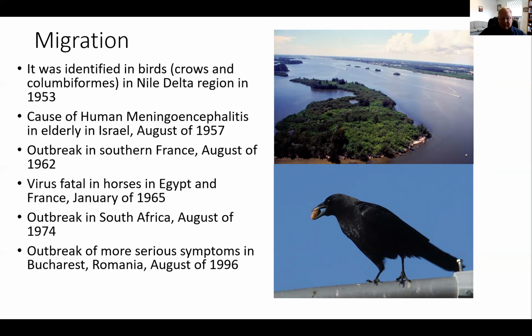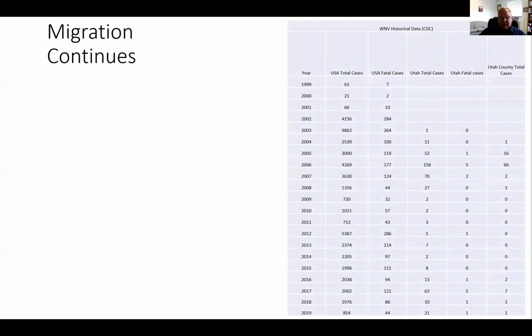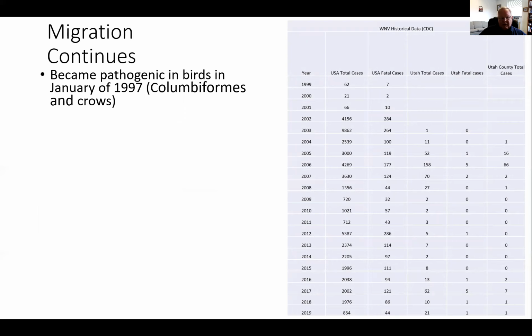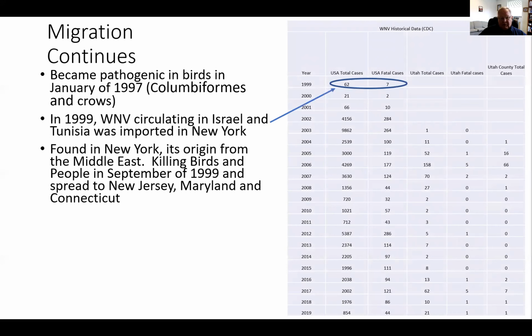The outbreak in South Africa was in 1974, then an outbreak of more serious symptoms in Romania and Budapest in 1996. Then the migration continued. In 1997, it became pathogenic in birds, and in 1999, it was circulated in Israel and Tunisia and was imported to New York.